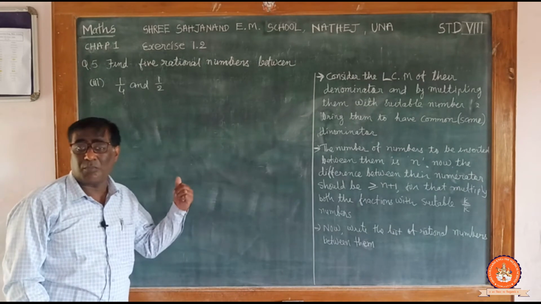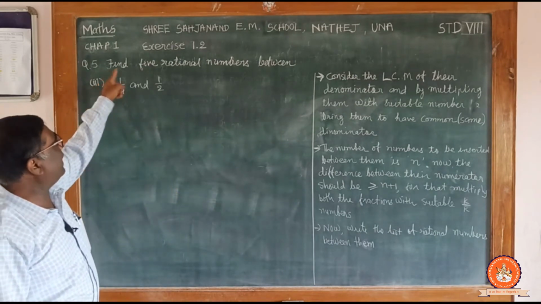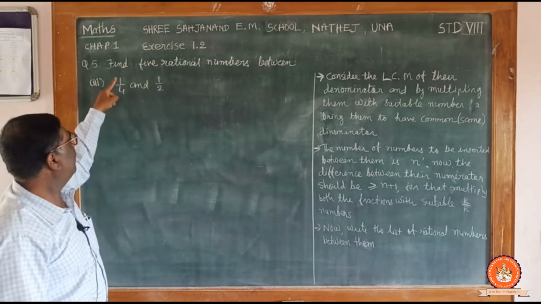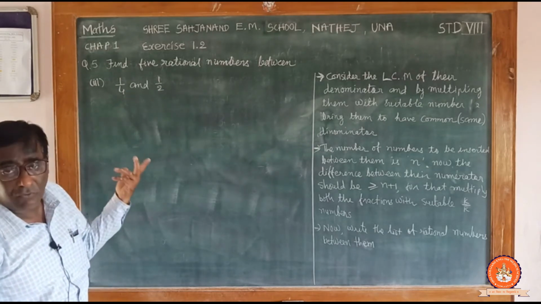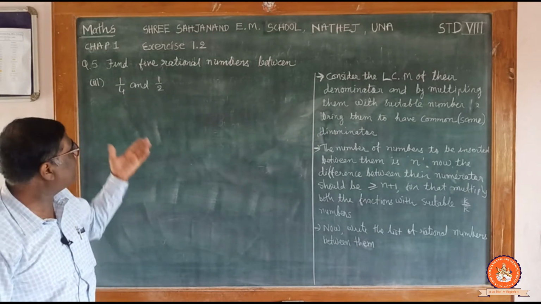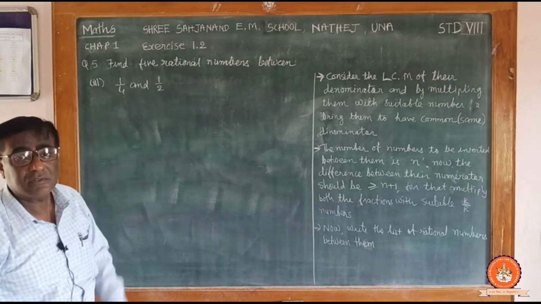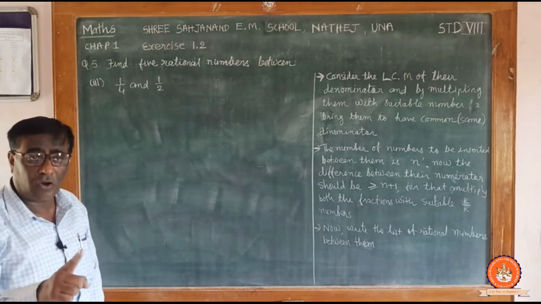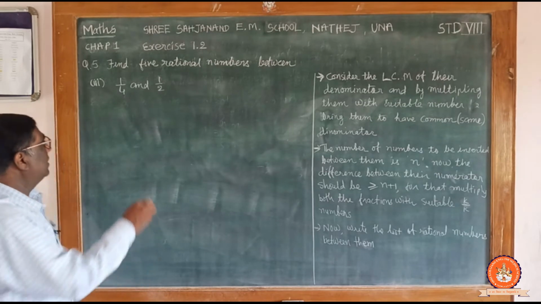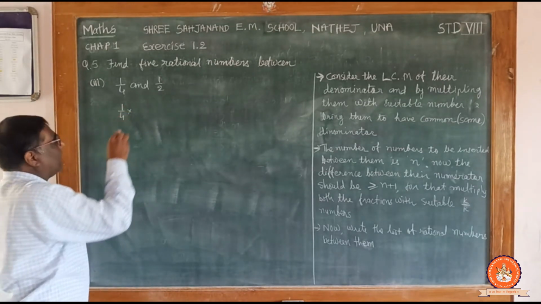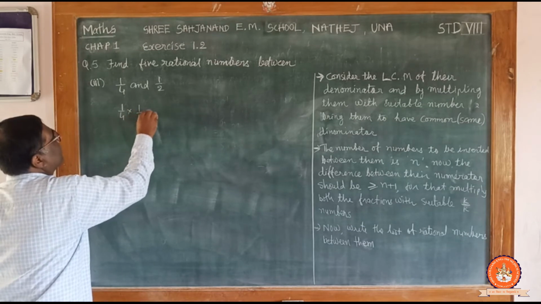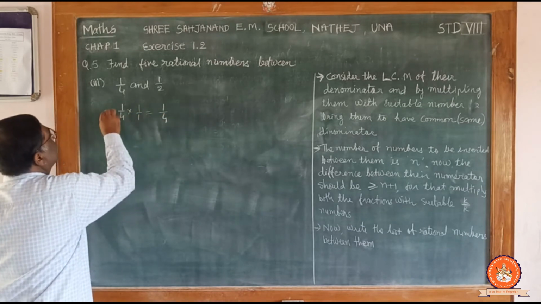Now the third one: find 5 rational numbers between 1 by 4 and 1 by 2. Keeping in mind the LCM of both 4 and 2, the LCM of 4 and 2 is 4. So 1 by 4 will be multiplied by 1 upon 1, that is 1 upon 4.